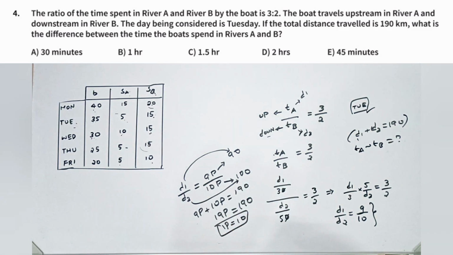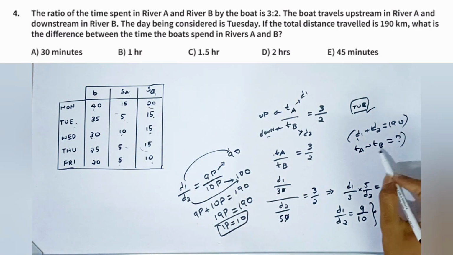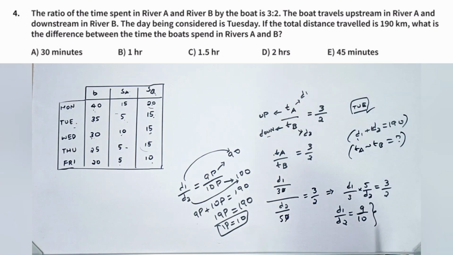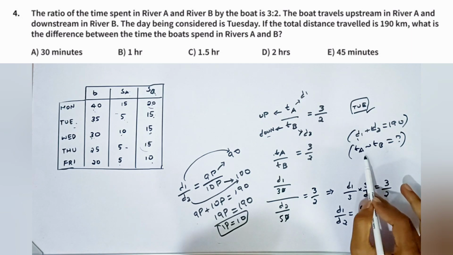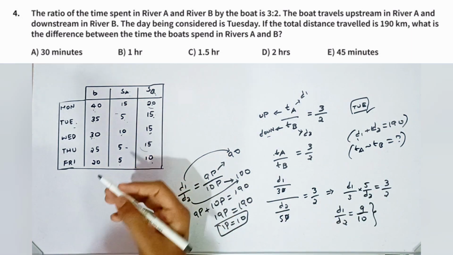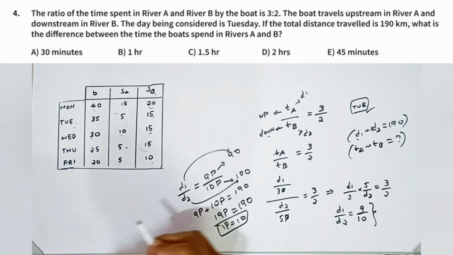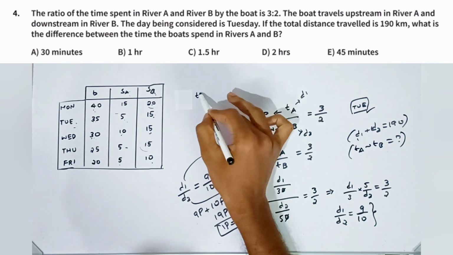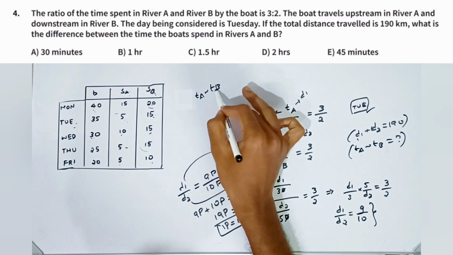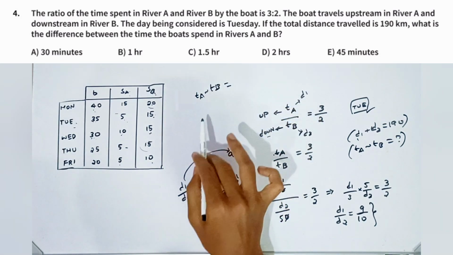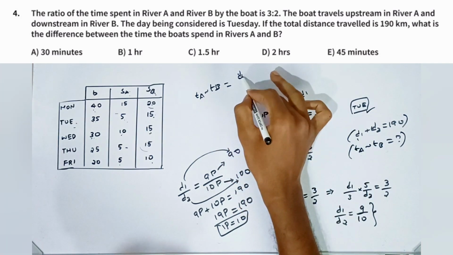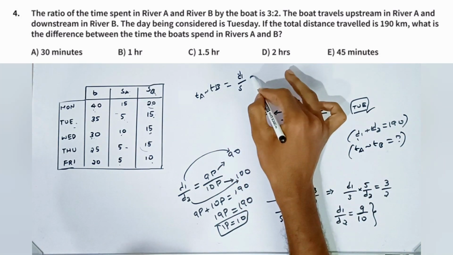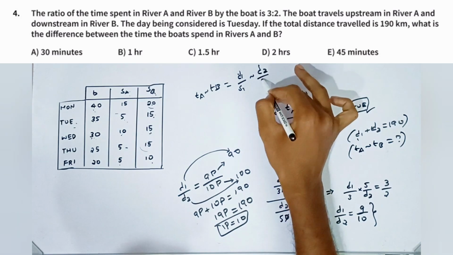In the question it is given that we have to calculate the difference between time A minus time B, and for that we have the formula. We know that time is equal to distance by speed, right? So TA minus TB is D1 by speed 1 minus D2 by speed 2.